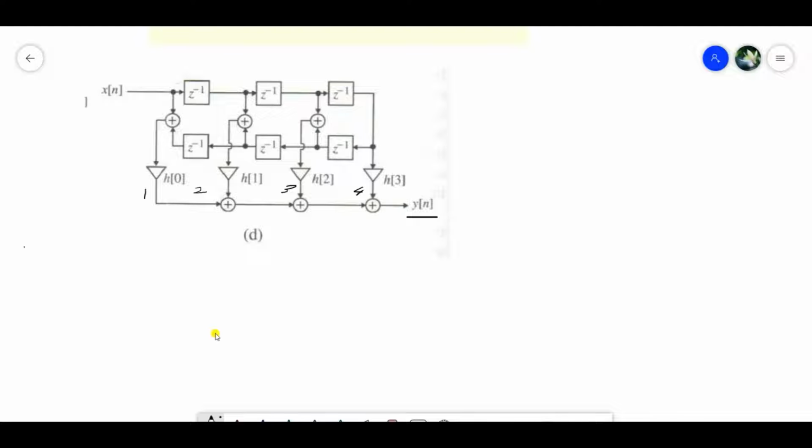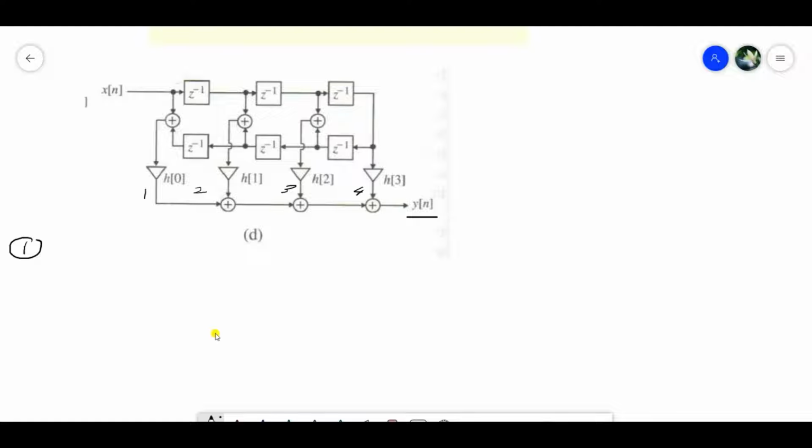Okay, so let's do this. So for 1, this output after H0, which is a multiplier. So we retrace the steps. It's coming from this side. So the signal that goes into H0 is the output of this summation junction or adder. So what signals go into this summation junction?